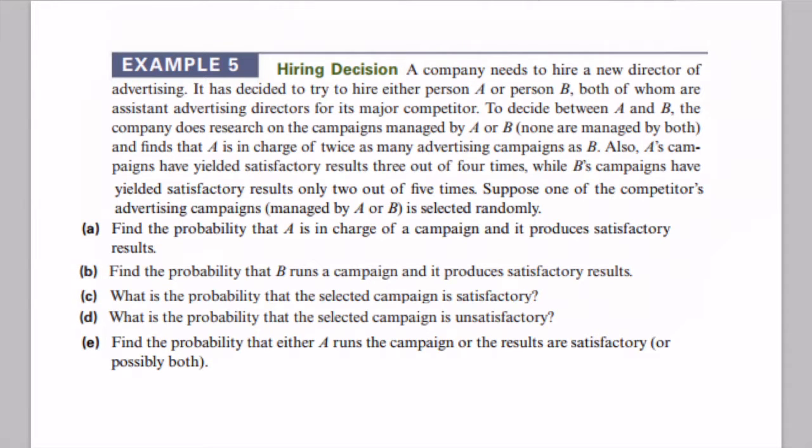To decide between A and B, the company does research on the campaigns managed by A or B, none are managed by both, and finds that A is in charge of twice as many advertising campaigns as B. Also, A's campaigns have yielded satisfactory results 3 out of 4 times, while B's campaigns have yielded satisfactory results only 2 out of 5 times. Suppose one of the competitor's advertising campaigns managed by A or B is selected randomly. Find the probability that A is in charge of a campaign and it produces satisfactory results.